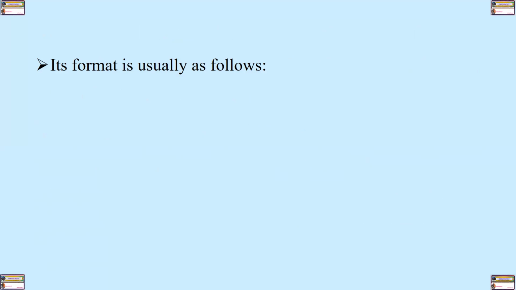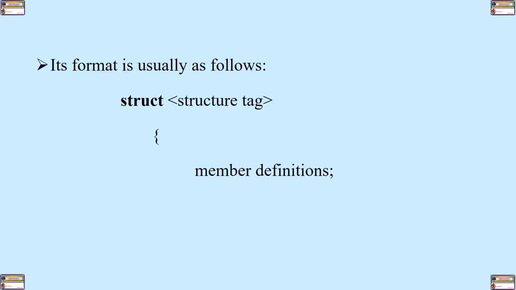In other words, this is the format for declaring or defining your structure. You use the reserved word struct followed by the name of your structure, that is, the structure tag. And then under it, you define members, while terminating each of the members with a semicolon.